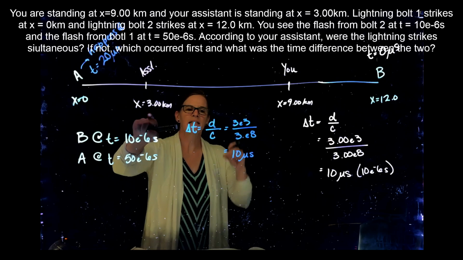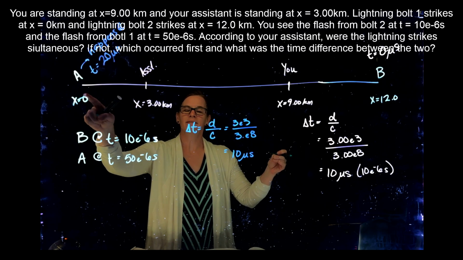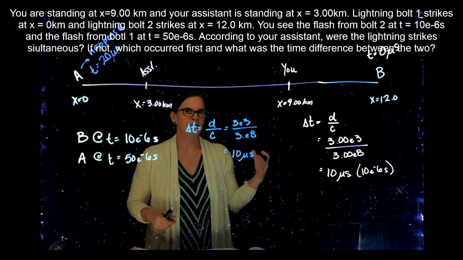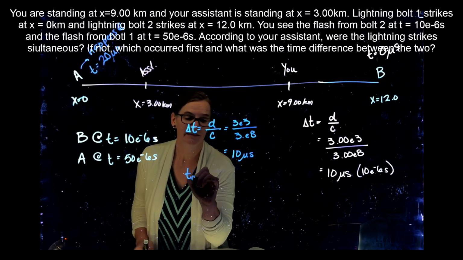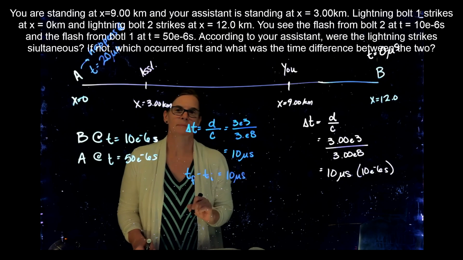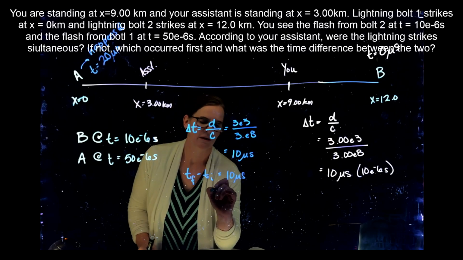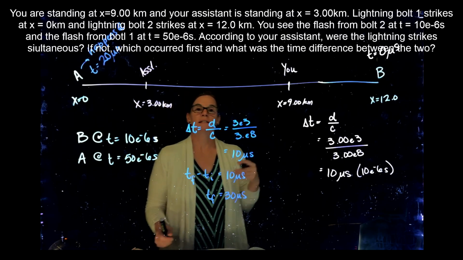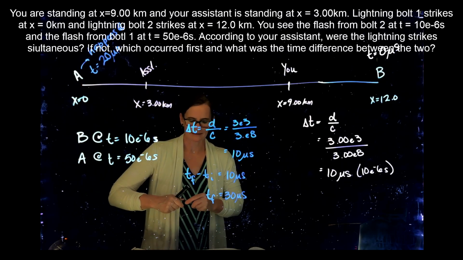So the assistant sees light A 10 microseconds after lightning A strikes. T final minus T initial is equal to 10 microseconds. T initial we know is 20, so T final is equal to 30 microseconds. The assistant sees lightning A at 30 microseconds.